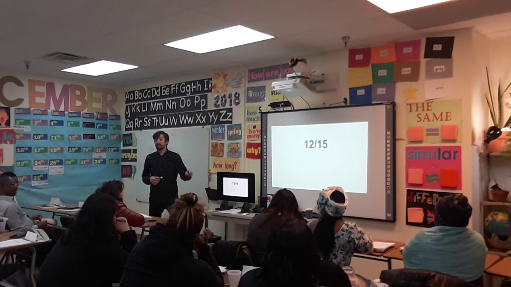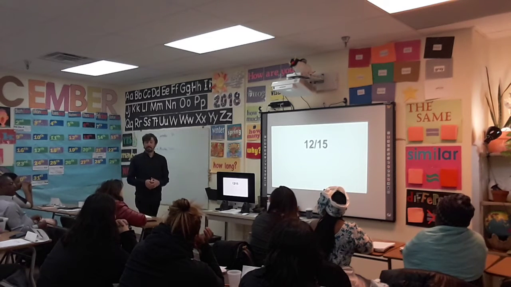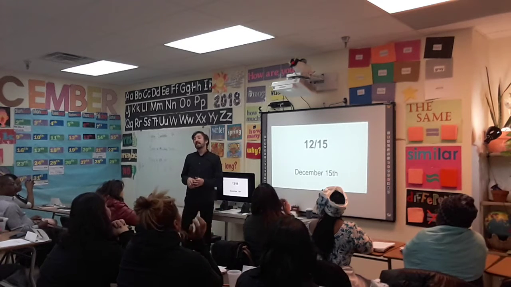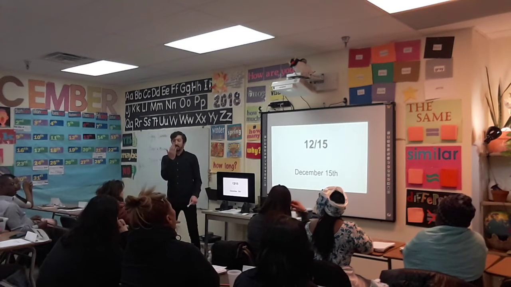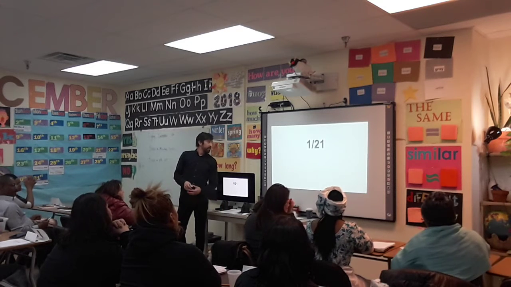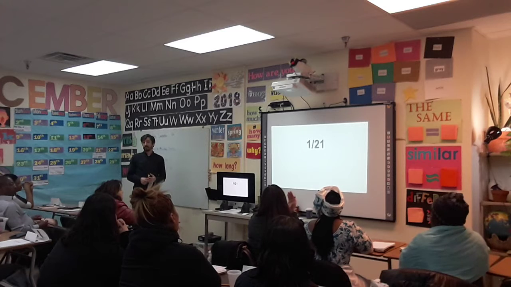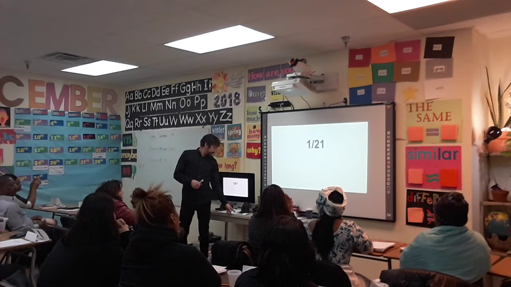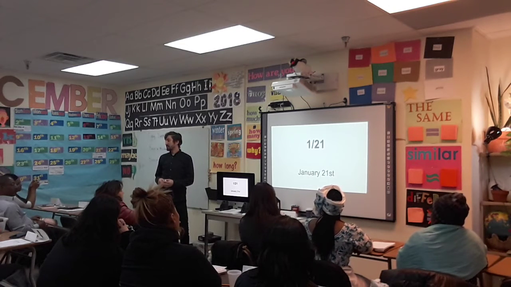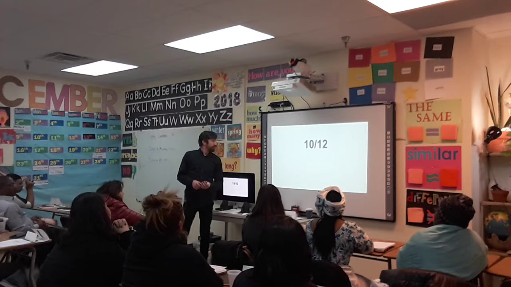Okay, so what day is it? What day is it? December 15. Yeah, December 15th. Yeah, 15th. All right. What day is it? Right, January 21st. What day is it?